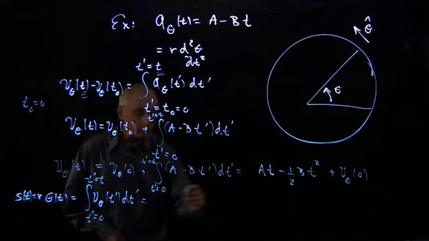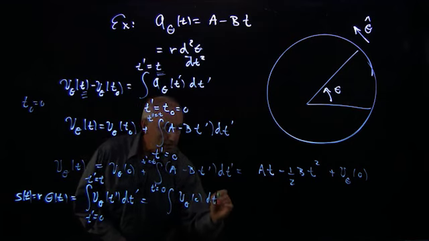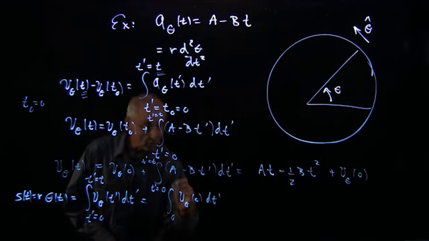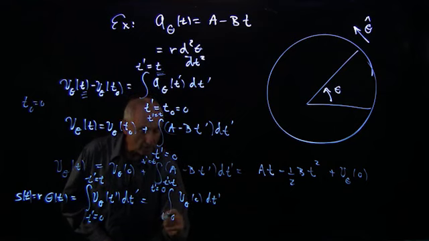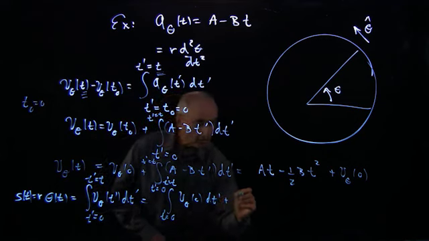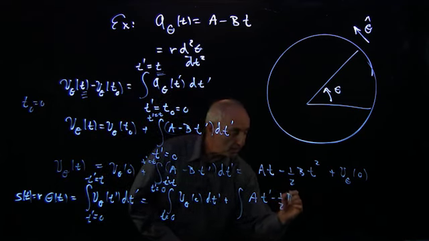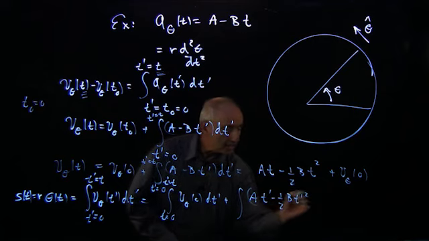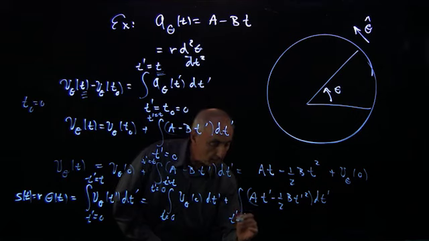And so in this example, we have a slightly complicated integral: v naught dt prime, 0 to t, plus the integral of a t prime minus 1/2 b t prime squared. I didn't need to split this up, but I'm splitting it up anyway.